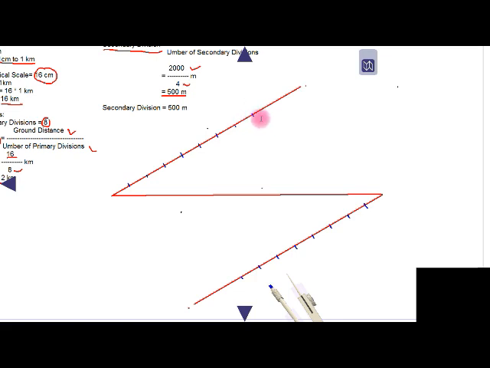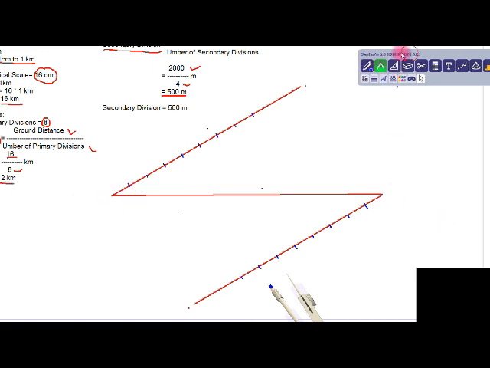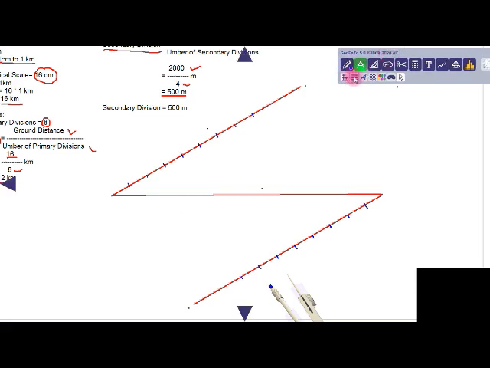Is it clear? After that, now what we have to do is join the last division on the one diagonal line to the two ends of your main graphical scale.